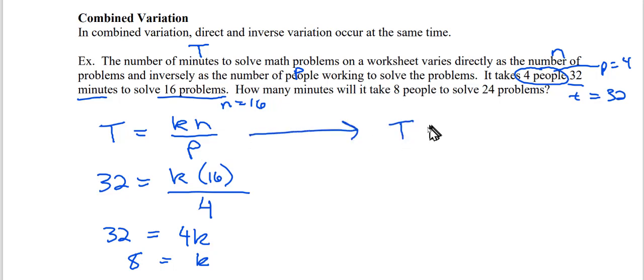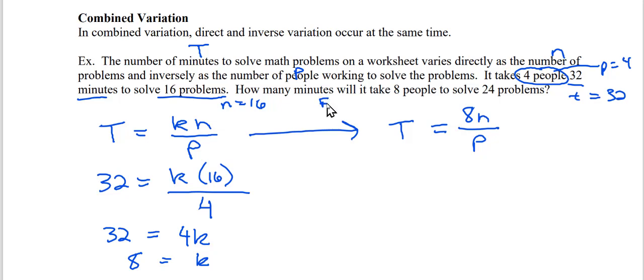So I'm going to write my equation. T equals 8N over P. I found my proportionality constant. So now I have that relationship between these 3 variables. I haven't even looked at what the question is really asking yet. I just knew that I wanted that relationship between them. How many minutes will it take 8 people to solve 24 problems?